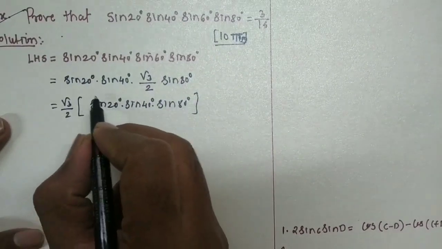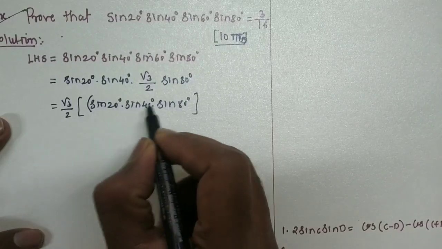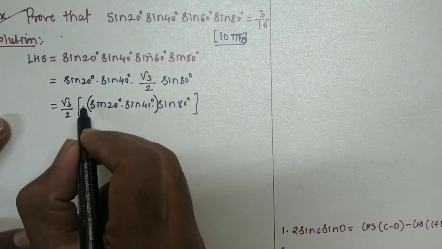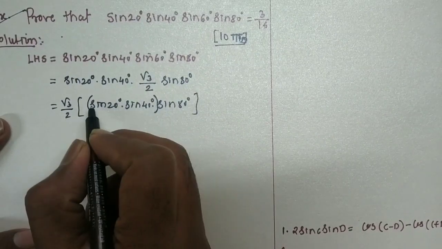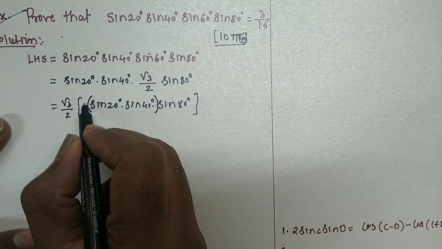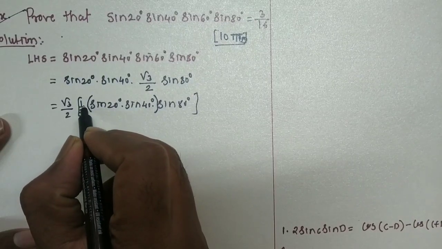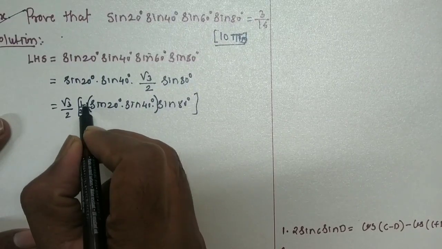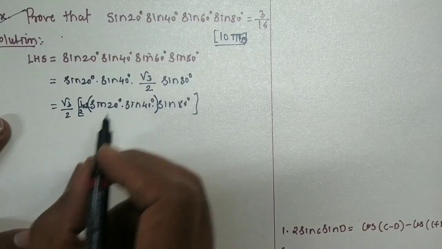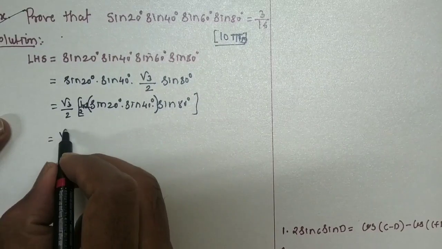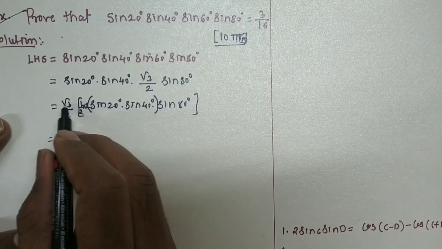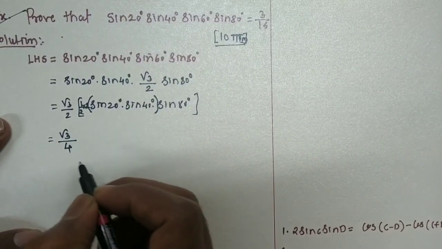But from this I can consider only two terms, and since we don't have 2 sin C sin D here, I will multiply and divide by 2. If you multiply and divide by 2, you will get root 3 by 4.